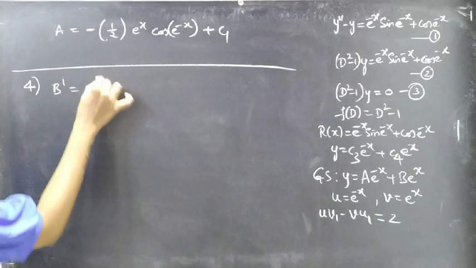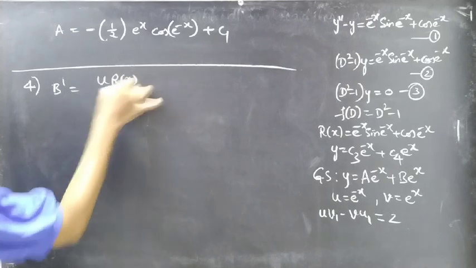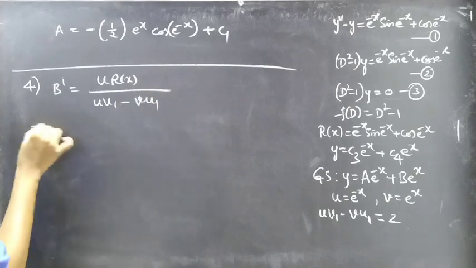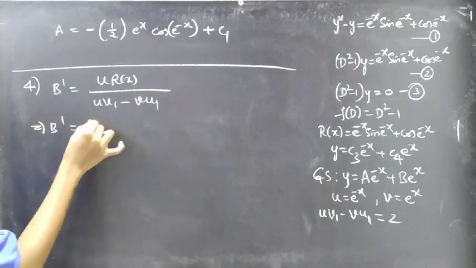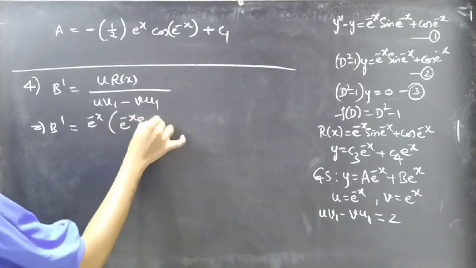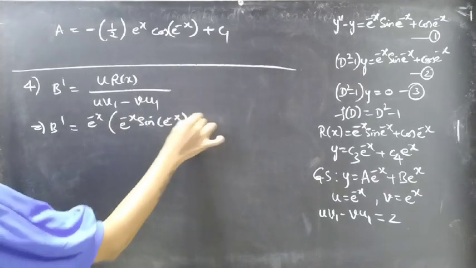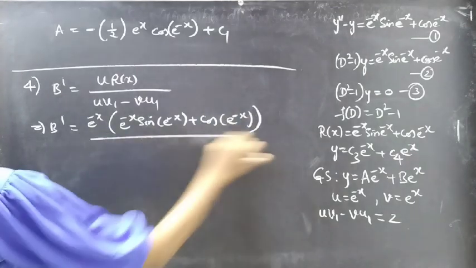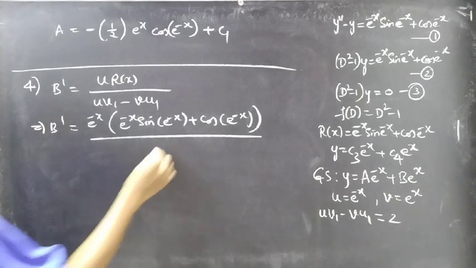B dash is given by u into r of x by uv1 minus v1. U is e power minus x, r of x is e power minus x sine e power minus x plus cos e power minus x, and uv1 minus v1 is 2.